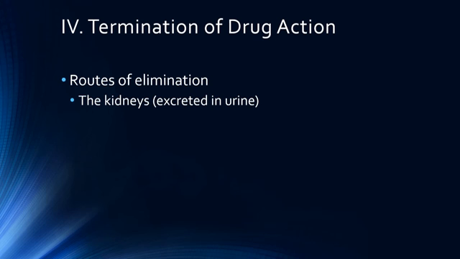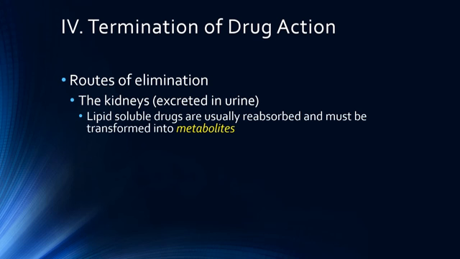So they're excreted in urine, and of course this is why people do urine testing for drugs of abuse. Lipid-soluble drugs are usually reabsorbed, and so must be transformed into metabolites. So drugs that are fat-soluble have to go through a variety of metabolic processes before they're finally broken down. They don't go out at all, and so they are reabsorbed and have to be transformed into metabolites.